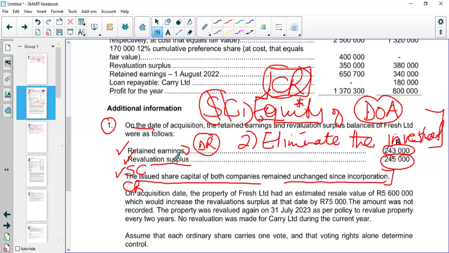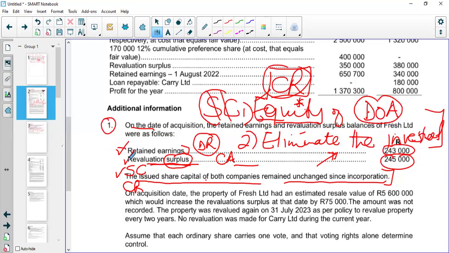And always remember that when it comes to revaluation surplus, this balance at acquisition is the carrying amount in the books of the subsidiary. This is what is recorded in the books. So sometimes there is an adjustment, a revaluation adjustment, which needs to be added to the revaluation surplus. When you go to third level, you will also have adjustments that will affect retained earnings.